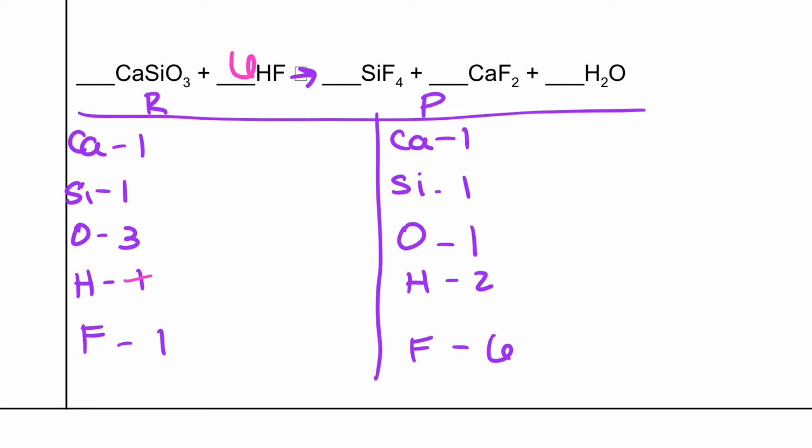By doing that, I now have 6 hydrogens on my reactant side, but only 2 on my product. Now, everything else seems to be balanced except for those hydrogens and oxygens. Well, hydrogen only exists over in this water on the product. So to make that hydrogen 6, I need to put a 3 there. When I do that, I get 6 and I get 3, and look, my oxygens end up balanced.